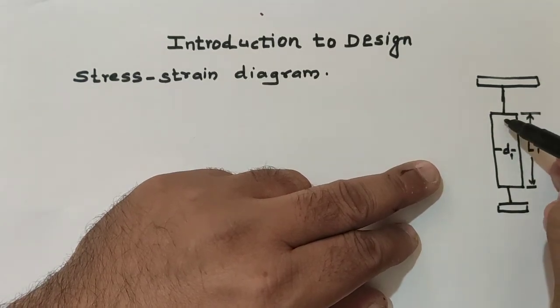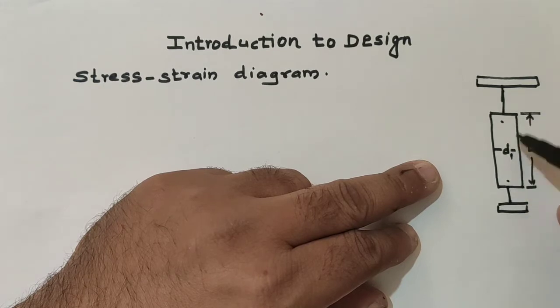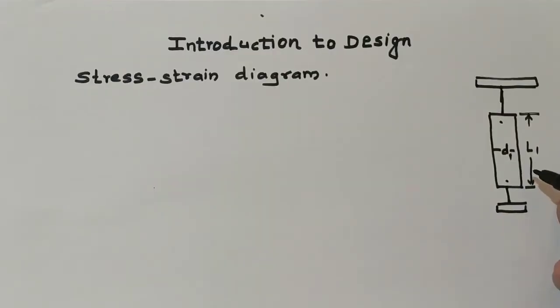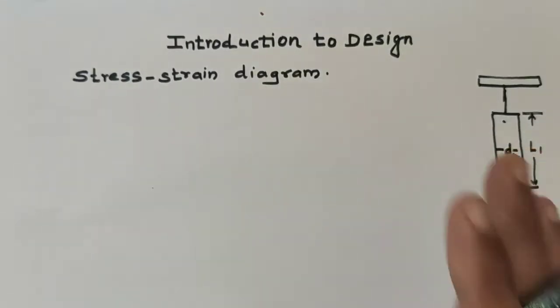So here we will put two reference points, and the distance between these two reference points is known as the gauge length. Here the gauge length is suppose L1. The values of stress and the corresponding strain are used to draw the stress strain diagram of the material tested.